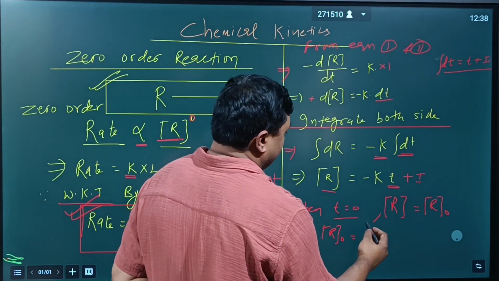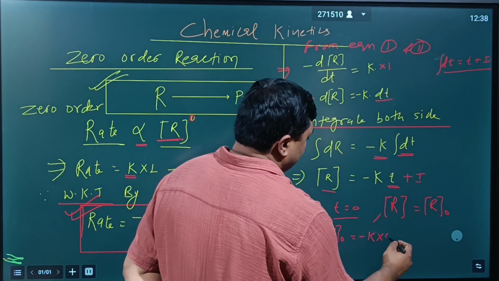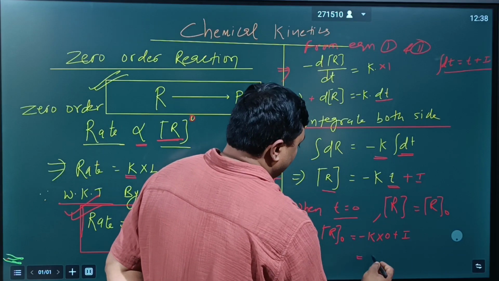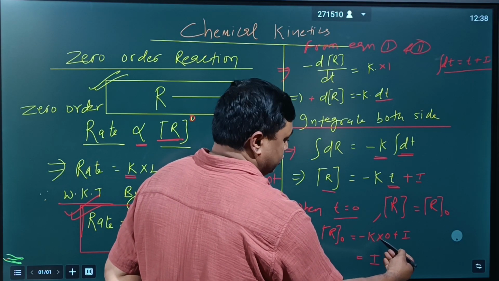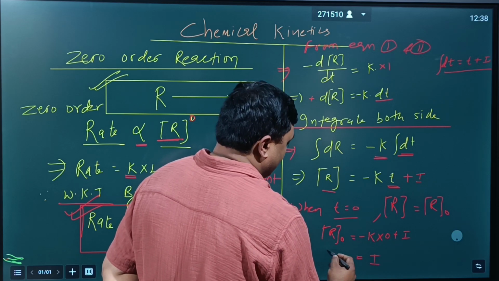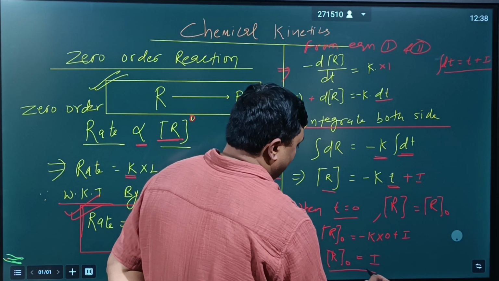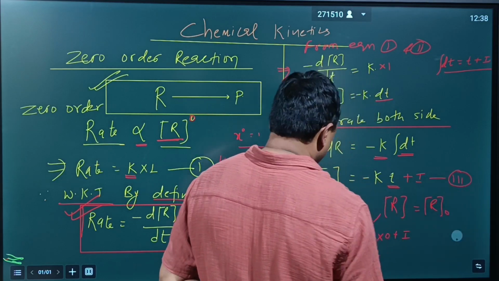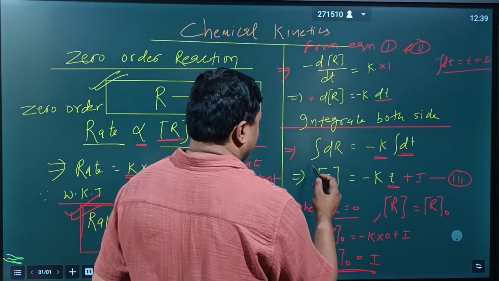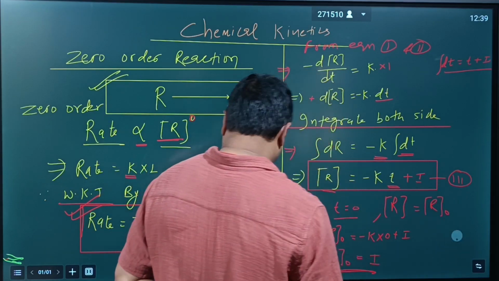So when time is 0, take the concentration of R as R naught. So we can write R naught is equal to minus K into 0 plus I. This K into 0 is 0, plus I. So I is equal to R naught. So we have to substitute the value of I equal to R naught in equation 3, which you have to remember.